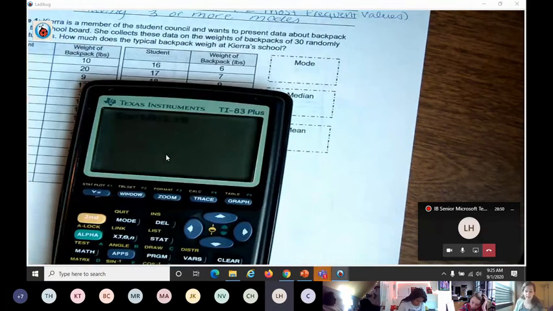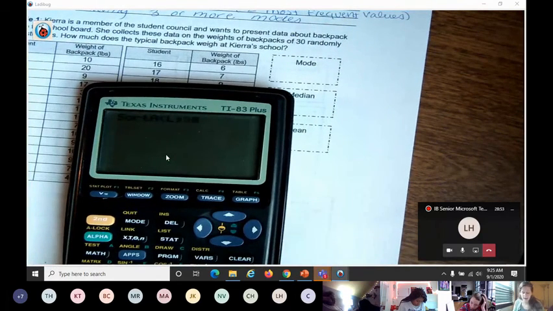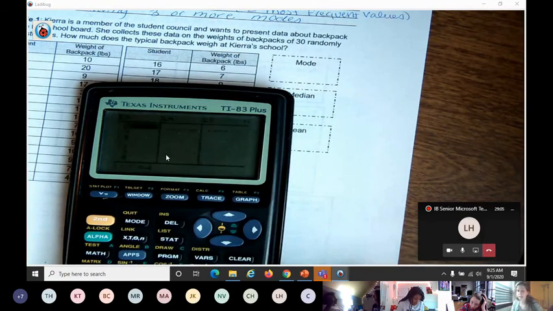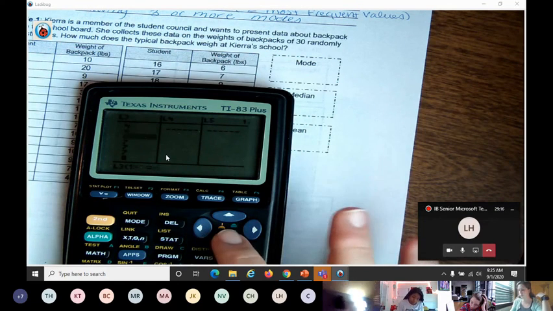So you type that in, and then it says done. So let's see. Then I think, hold on, let me go to stat edit and see if it sorted it. Yeah, so it goes ahead and it sorts it for you. So that's how you can get your data sorted right off the bat. And that will help you figure out the mode.